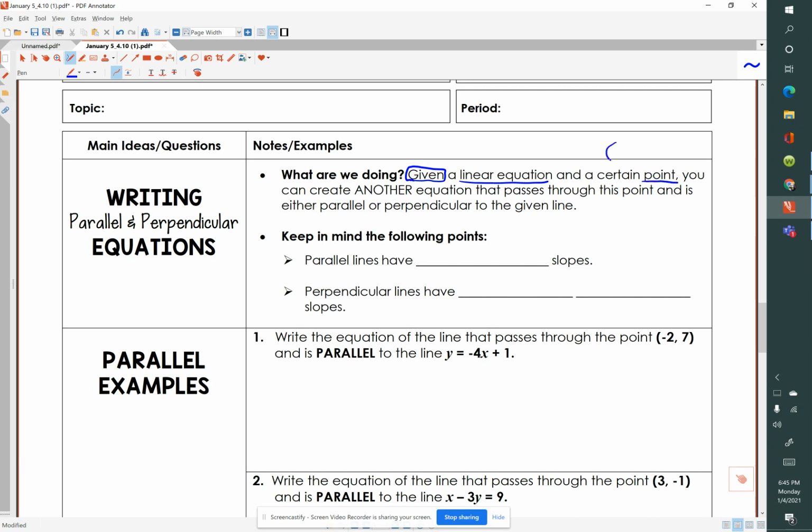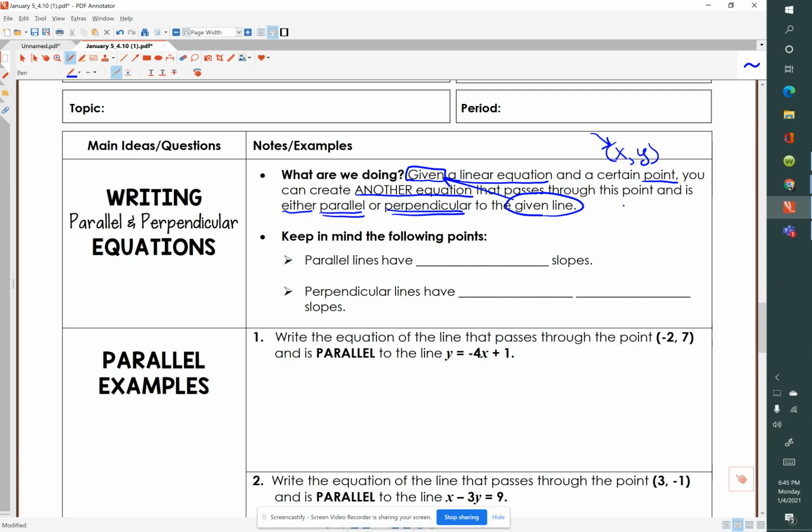Okay, remember the point is going to be in this form, x, y. So we're going to have an equation and a point. Well, we can create another equation that passes through this point and is either parallel or perpendicular to this given line already given to us.